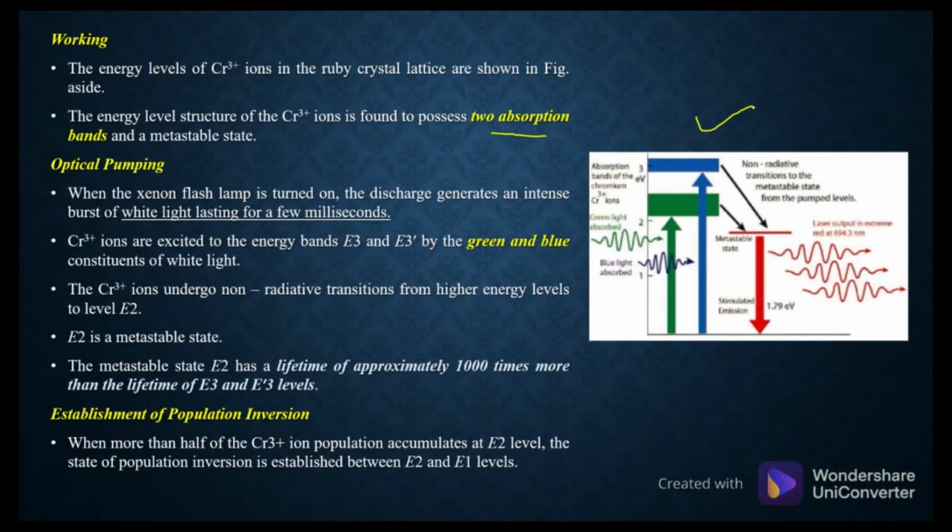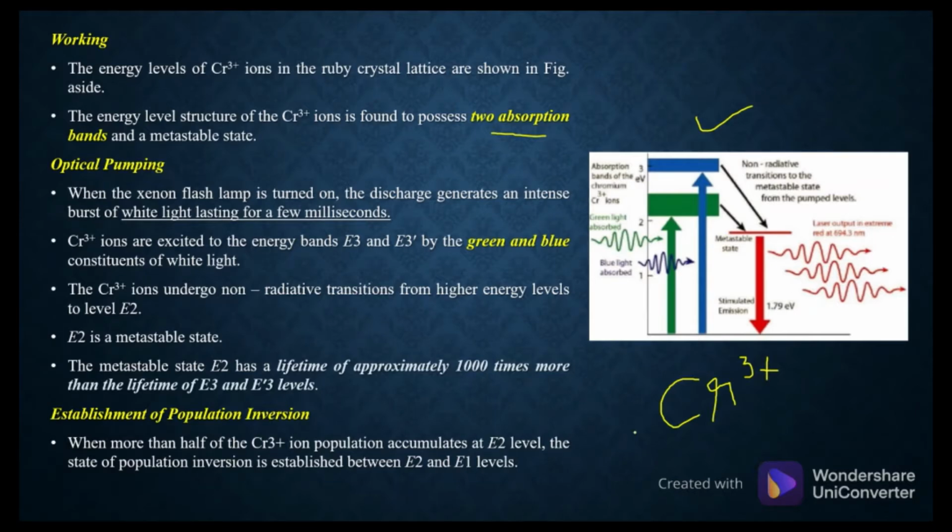So this is the energy level diagram of chromium in the 3 plus state, called the Cr3 plus state. You can see the chromium ions have two absorption bands, one for green radiation and the other for blue color radiation, and one metastable state here.